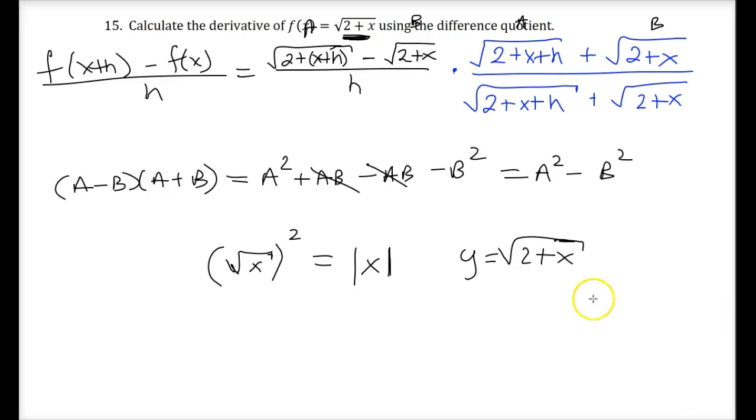That means x has to be greater than or equal to -2, so we won't be plugging in any values that are less than -2. The lowest value that we'll plug in is -2, so the smallest value we would get in this particular term would be h, same as here, and the smallest value inside our radical would be 0, which is all fine.